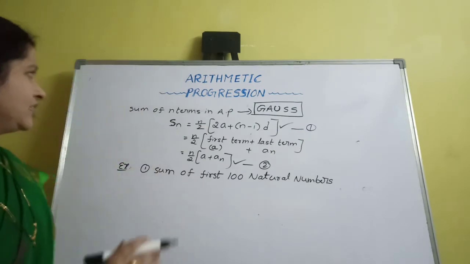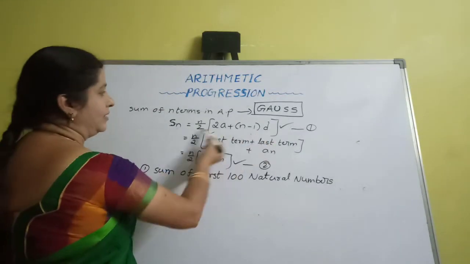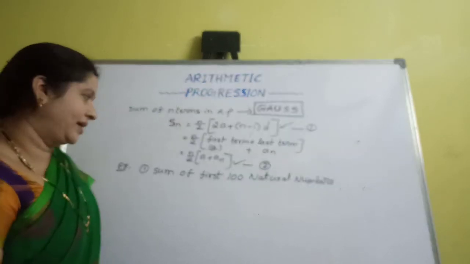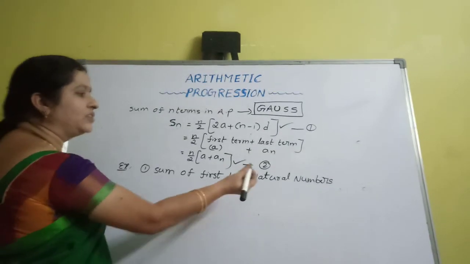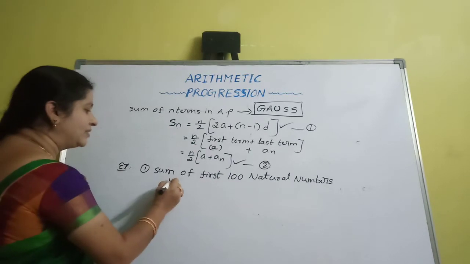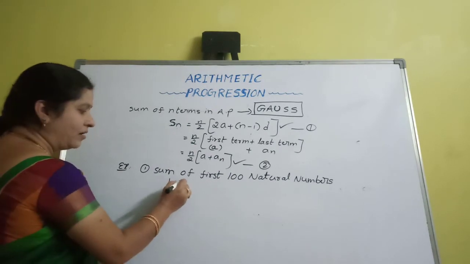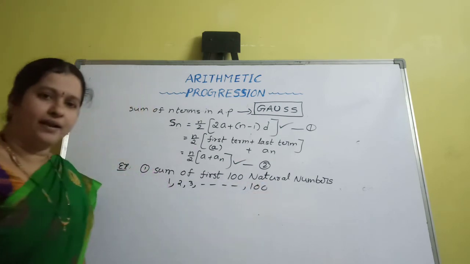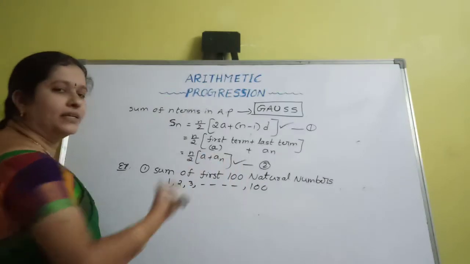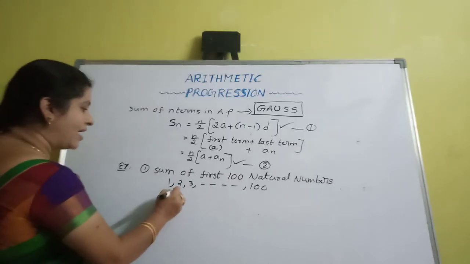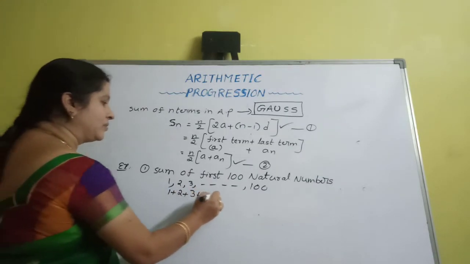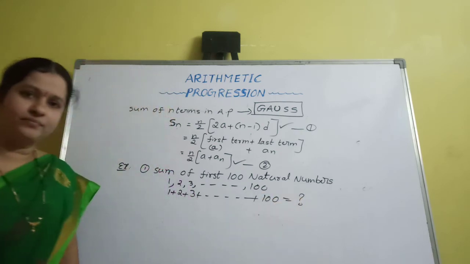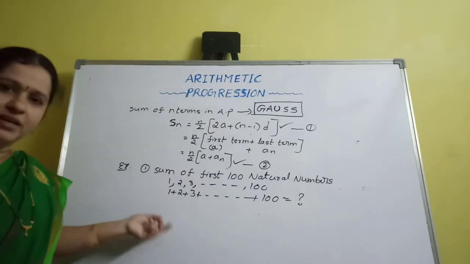So by using this formula, you can easily find out the sum of first 100 terms in AP. What is the series of this statement? 1, 2, 3, etc., the last term 100. So find the sum means 1 plus 2 plus 3 and so on, plus 100. By using this formula, it is very easy.